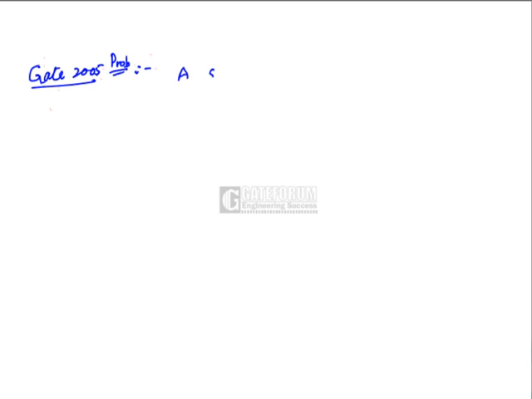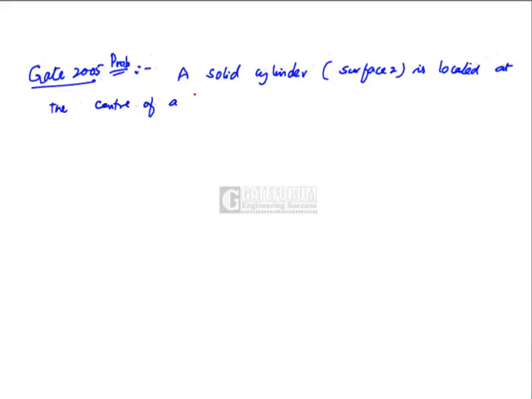A solid cylinder, known as surface 2, is located at the center of a hollow sphere, which is considered as surface 1.